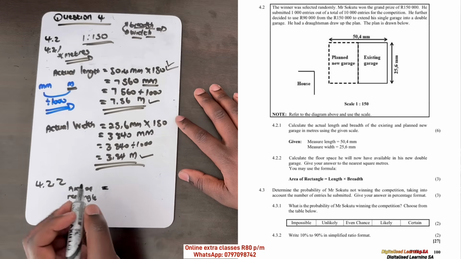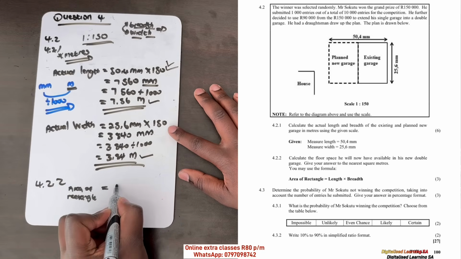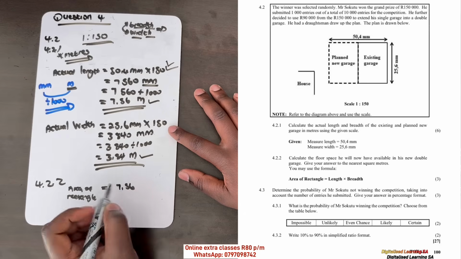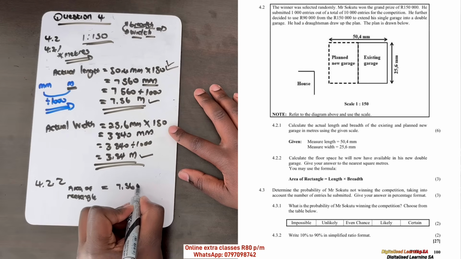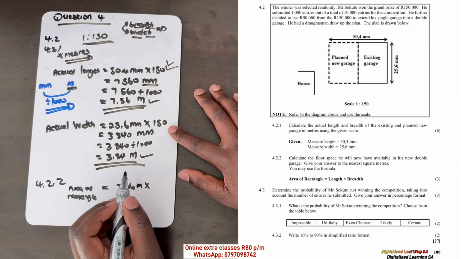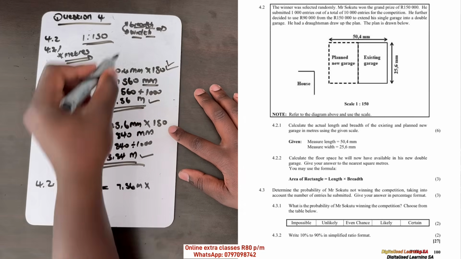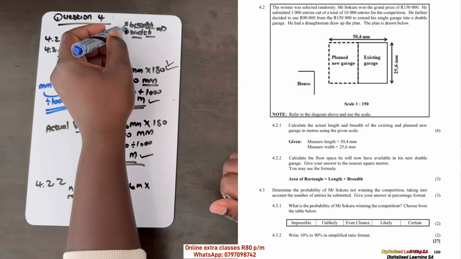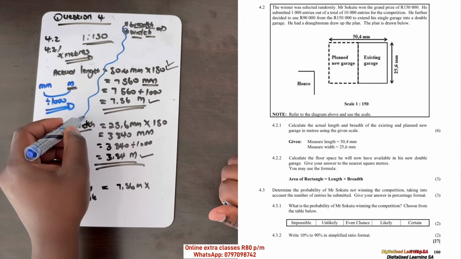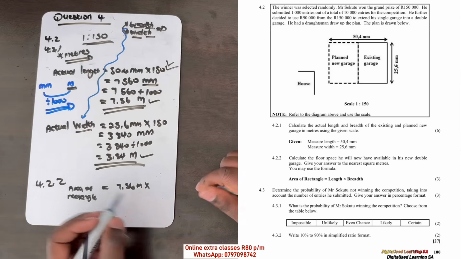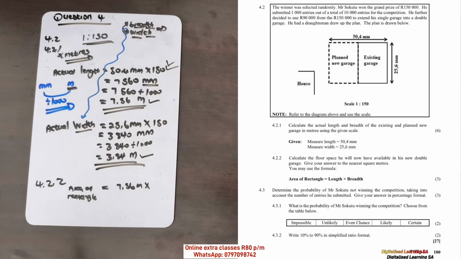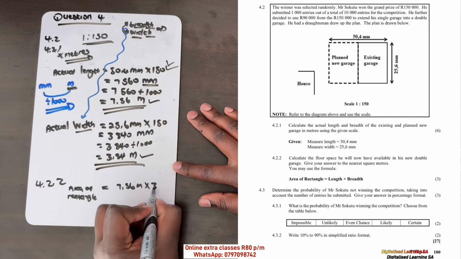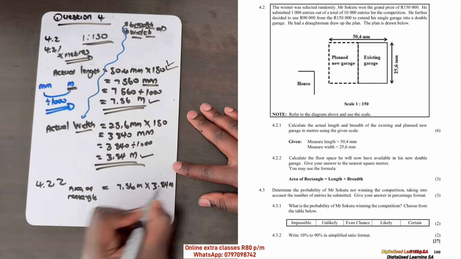Our length will be 7.56, so we are using what we calculated, 7.56 meters, multiplied by our breadth. Remember that breadth and width is one and the same thing, as we explained here. So we multiply by our breadth, which is 3.84 meters.